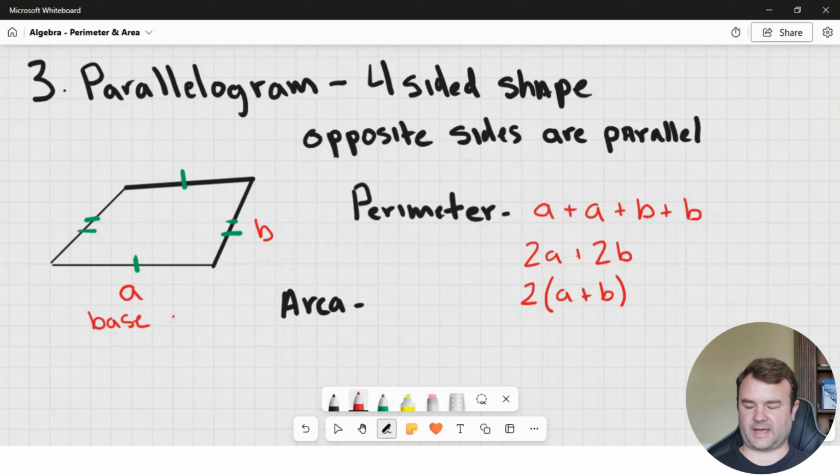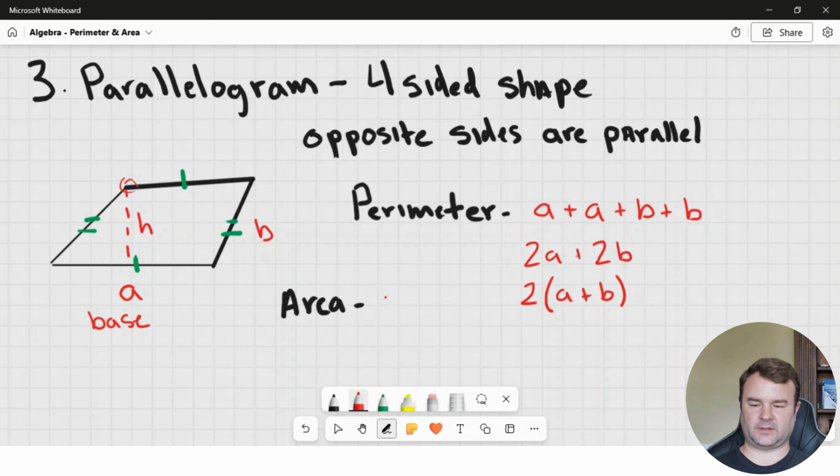Think of it like that. And then it is its base times the length of its height. And we'll say that this is the height here. So the height is measured from this corner here all the way down to its side here.